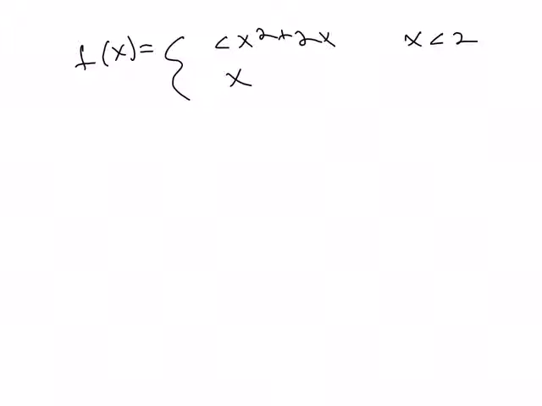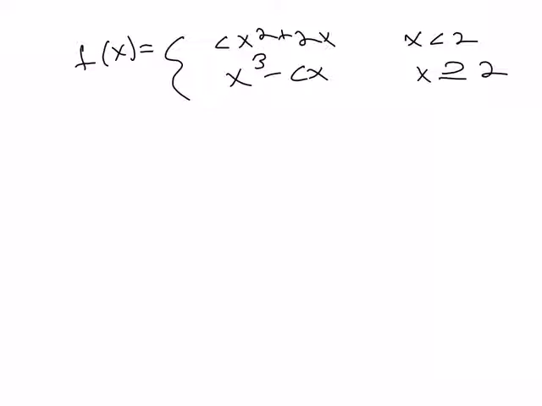Now we're going to do problem 41. So we have a function f of x equal to c x squared plus 2x if x is smaller than 2, and x cubed minus c x if x is greater or equal to 2.